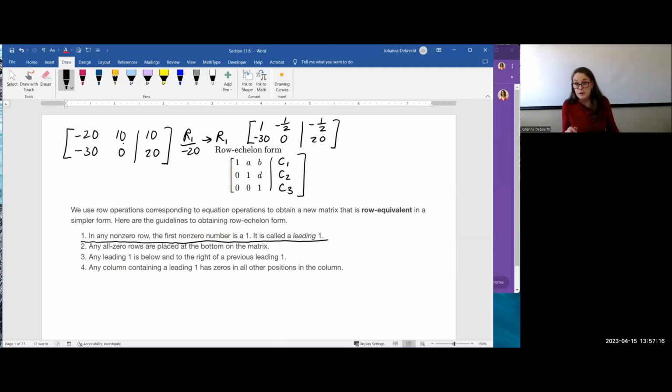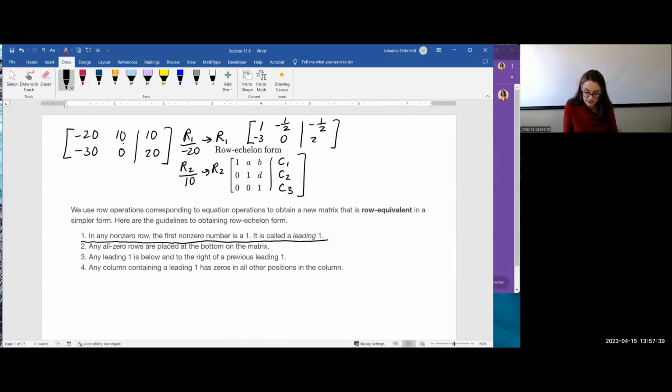Although I'll be honest with you, and maybe we should go ahead and do this, I would look at this and go, oh, well, row 2 has a constant factor of 10. So let's just divide everything by 10 and put it back into row 2. And that would eliminate those. And I would end up with this. So I have a non-zero row, and the first number is a 1. It's called a leading 1.